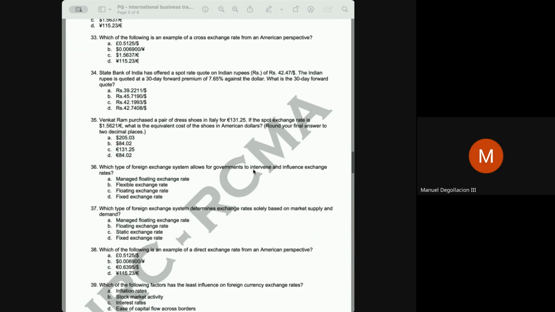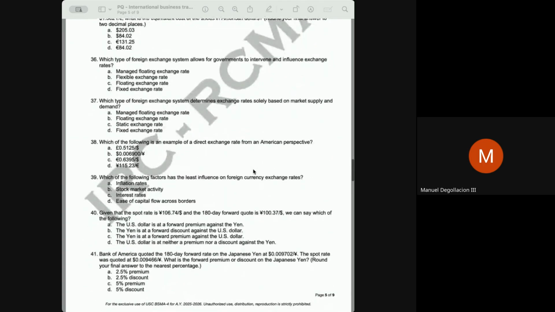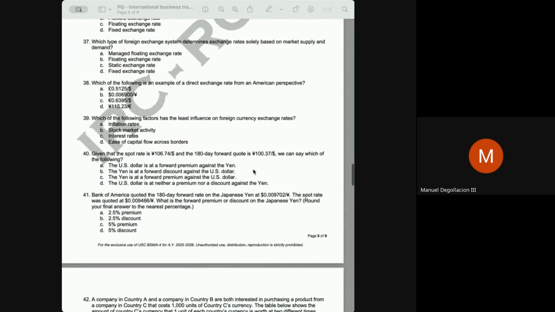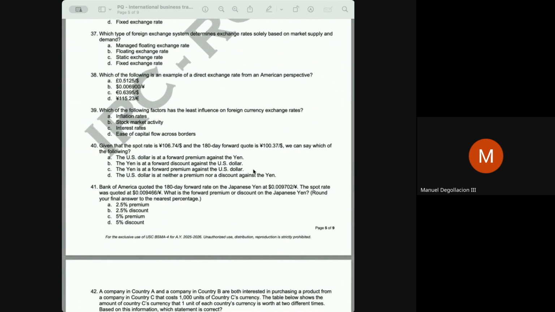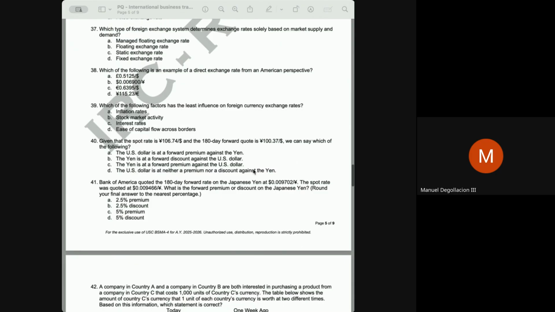In 34, you're given an indirect exchange rate, the number of rupees for $1. But in number 41, you're given the number of dollars needed, or the equivalent number of dollars for one foreign currency. So you might notice a reversal in the explanation.